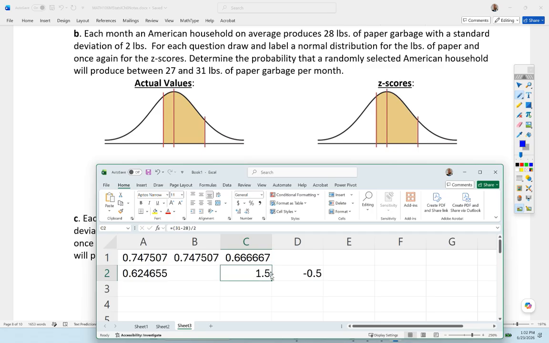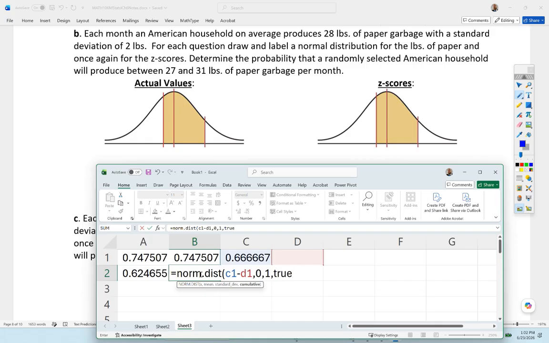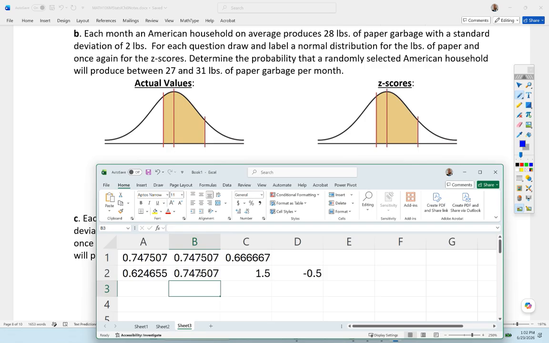So upper and lower z values. Okay, so NORM.DIST of C1 minus D1, so upper minus lower, comma 0, comma 1, comma true. So we're doing it in terms of z-score, so we should get the same answer.